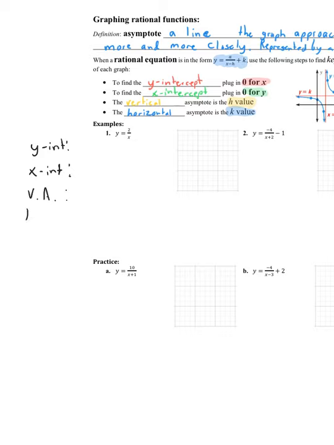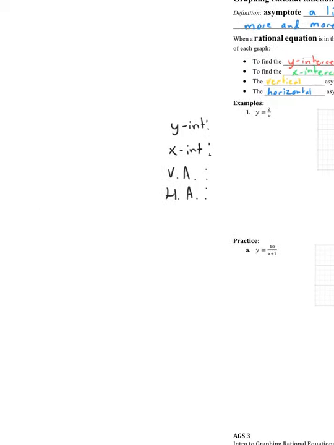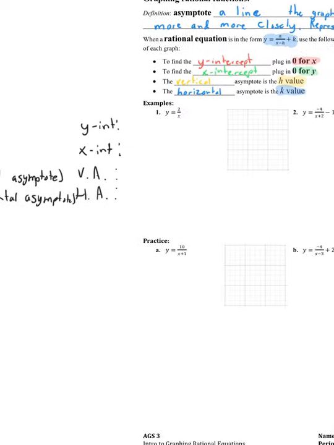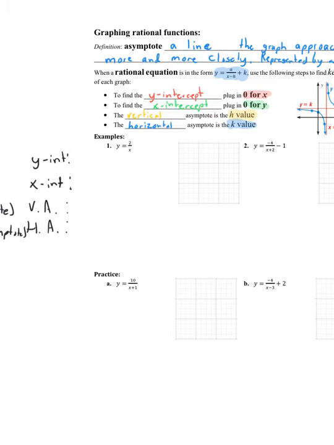We want the vertical asymptote and the horizontal asymptote, and I'm going to write those as VA and HA, just for abbreviation's sake. That's your VA and your HA, vertical asymptote and horizontal asymptote, respectively.